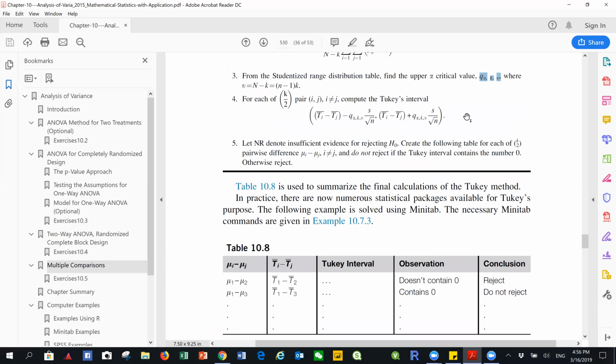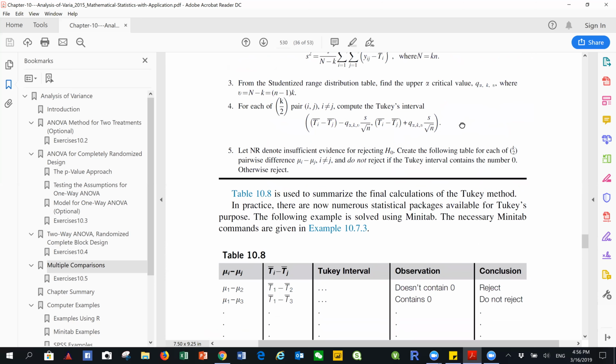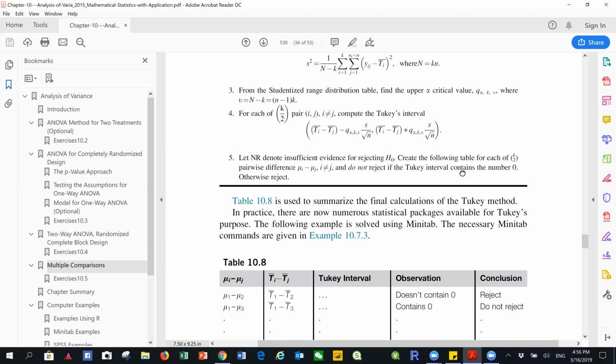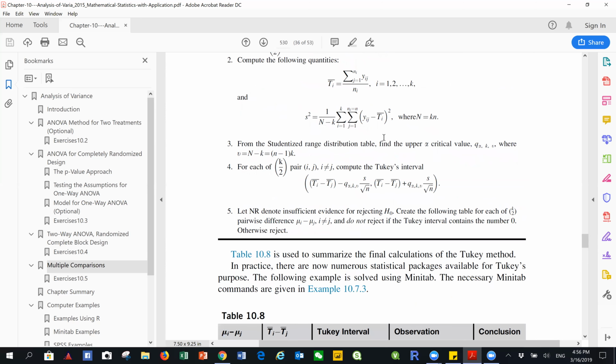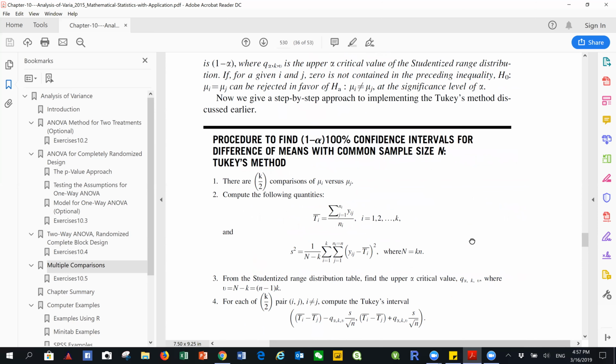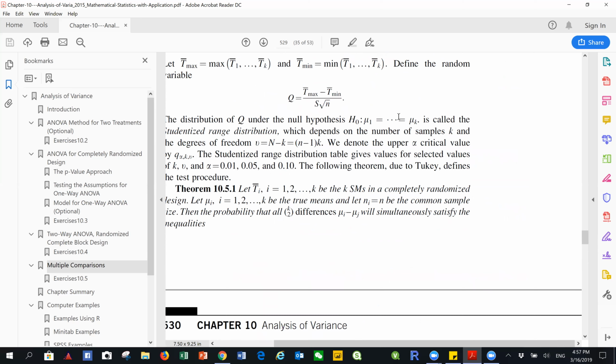It has its own rationale in calculating the Q in such a way that it addresses the issue of inflating the type 1 error.